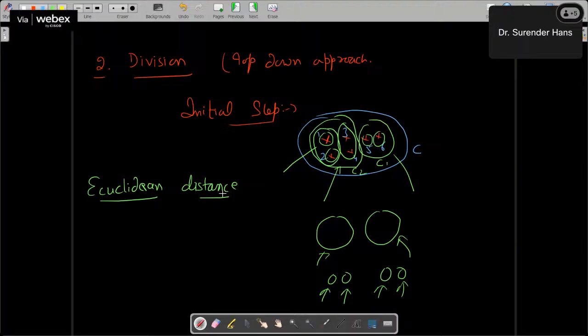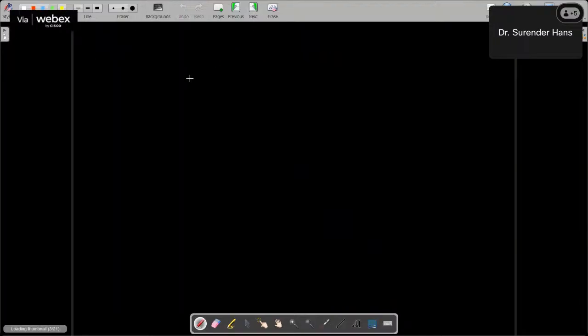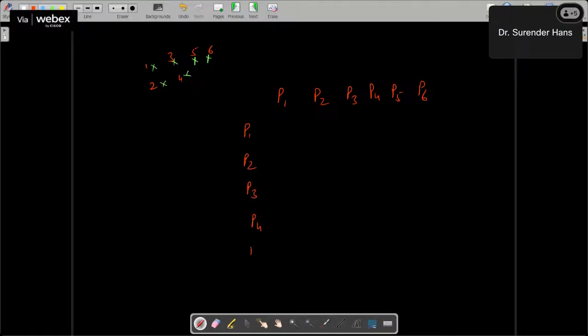Let me take one example. Let's say this is a very small data set with 6 data points: P1, P2, P3, P4, P5, and P6, along both rows and columns.